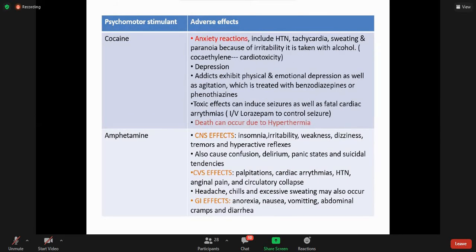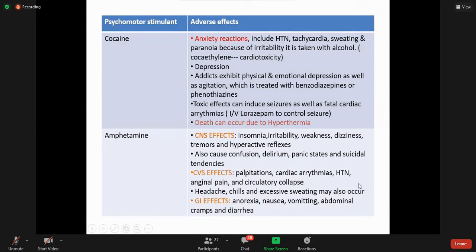Cocaine adverse effects: anxiety reactions include hypertension, tachycardia, sweating, and paranoia because of irritability. If it is taken with alcohol, it may cause cardiotoxicity.